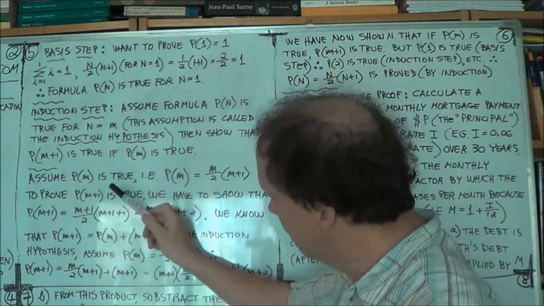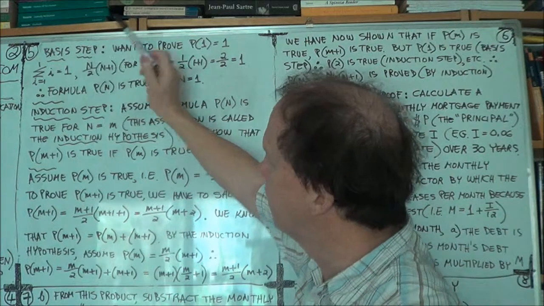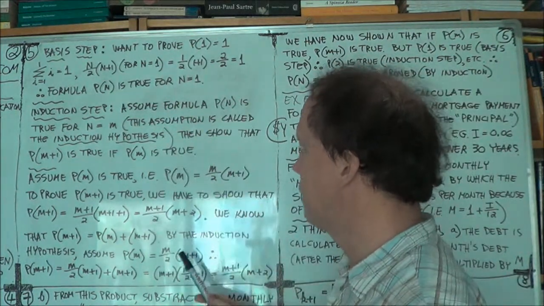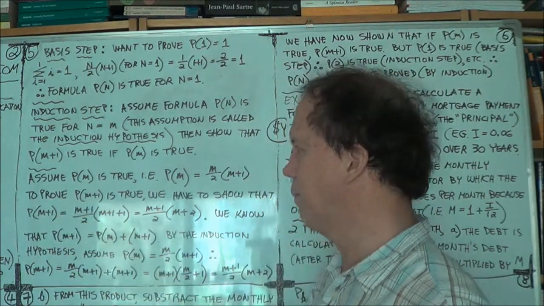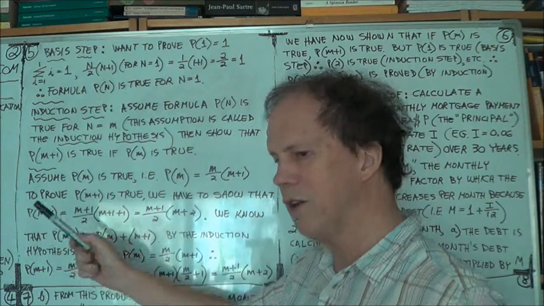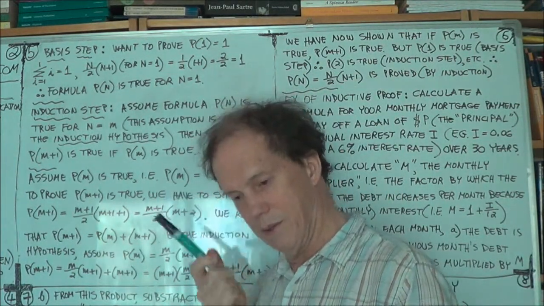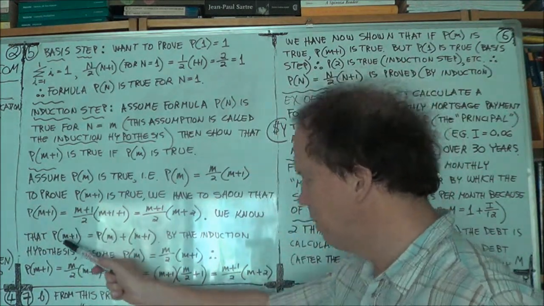Now what does that mean? It means that you're putting this m plus 1 here for n and getting a result that is equal to this. But how do you know what this is? There's got to be two ways to show it. Well, how do you prove that this is true? Well, this way.